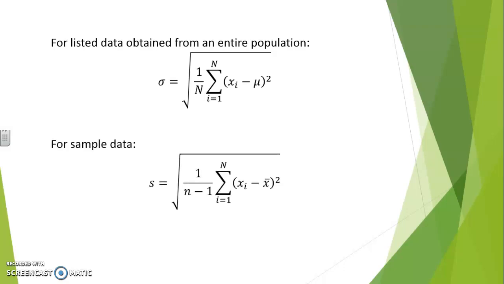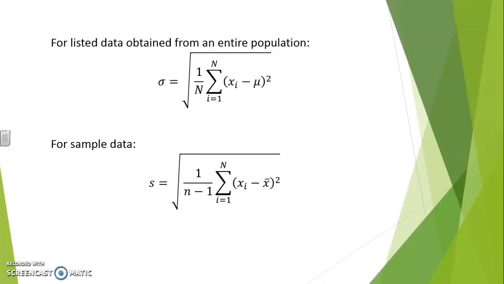When sample data is concerned, you'll notice that the divider outside is not 1 over little n, but 1 over n minus 1. This will have to be explained later. The summation takes place between the observed values and x bar, which is the symbol used for the sample mean. And again, the deviation is squared, and then a root takes place on the answer.